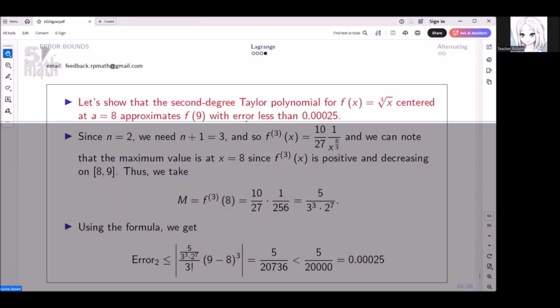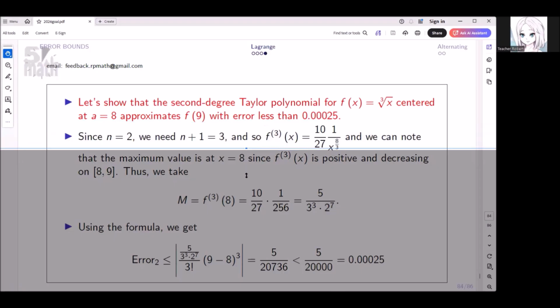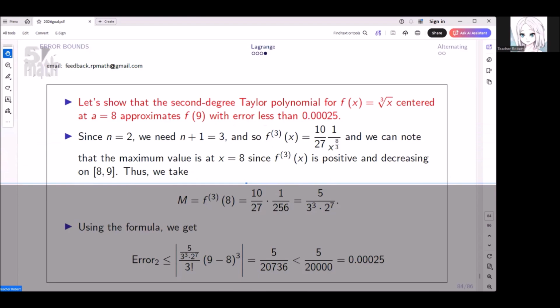Let's show that the second-degree Taylor polynomial for f of x equals cube root x, centered at a equals 8, approximates f of 9 with error less than this. Since n equals 2, we need n plus 1 equals 3, and so the third derivative of f equals this, and we can note that the maximum value is at x equals 8, since the third derivative of f is positive and decreasing on interval 8 to 9 inclusive.